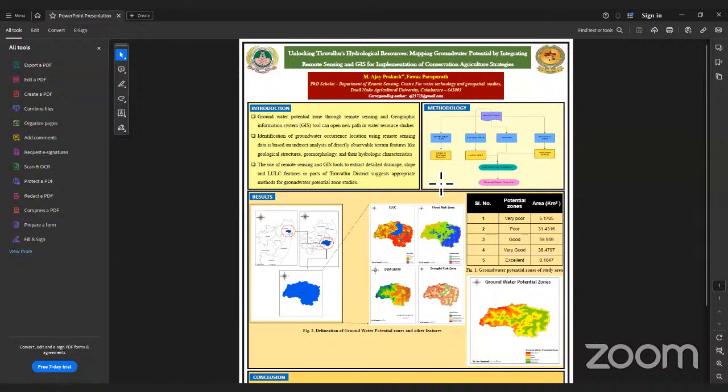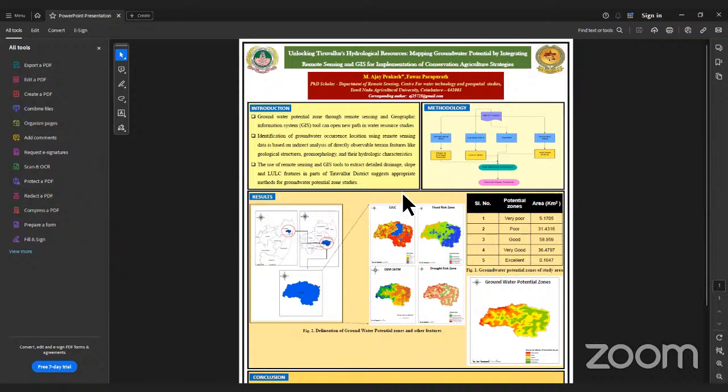As you know, in South India, Chennai is a highly metropolitan city. Next to Chennai, Tiruvallur is going to be an upcoming highly populated city. So my research is conducted in the Tiruvallur region.